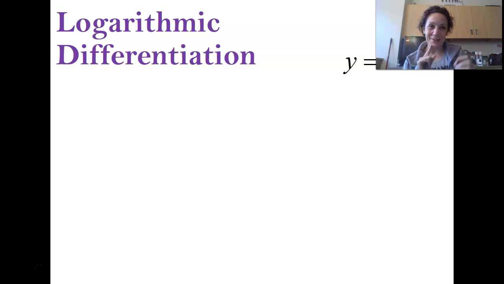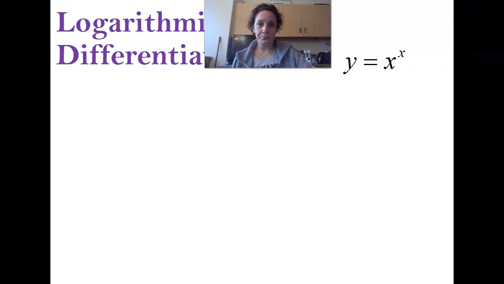Okay, so check this out. This is what we call logarithmic differentiation, and it's not nearly as scary as it sounds. Okay. What we do when we have logarithmic differentiation is we apply two rules.